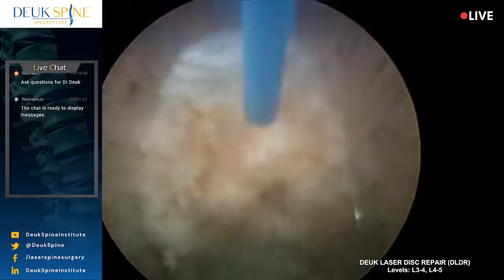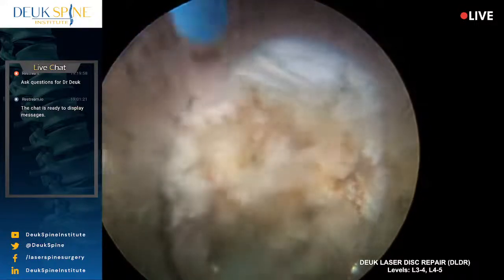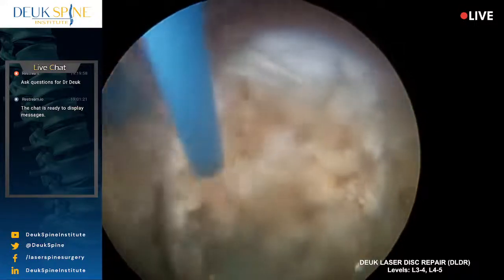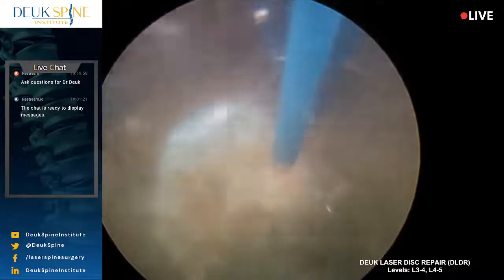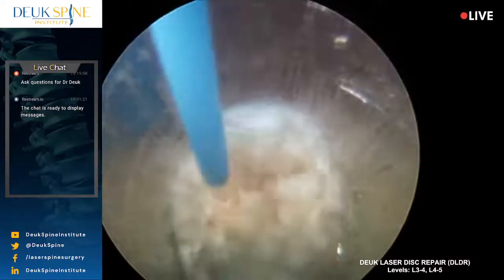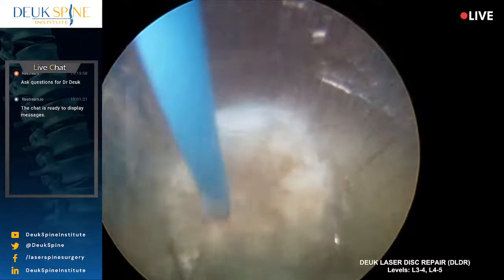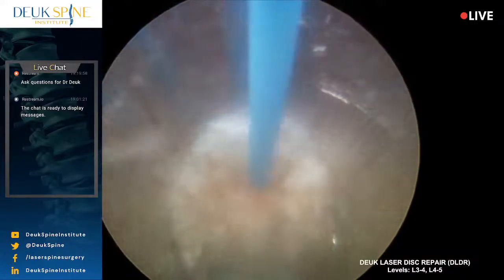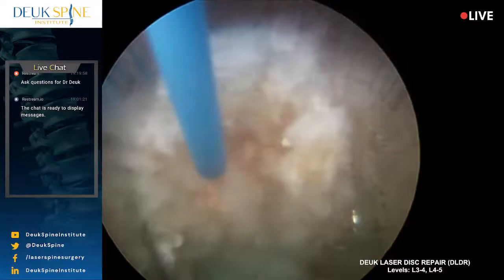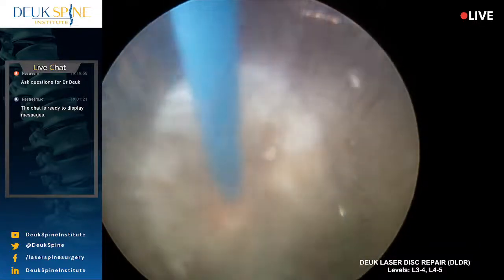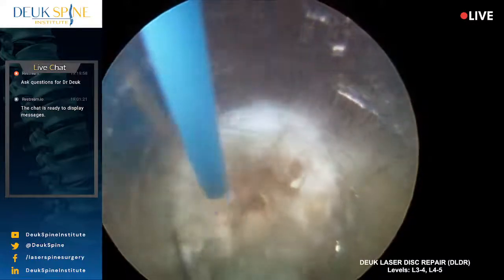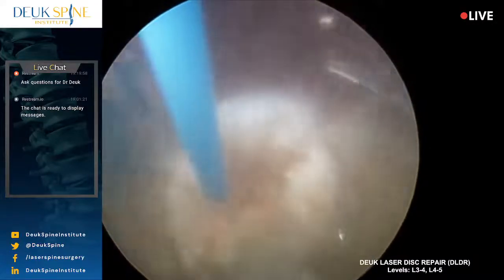What I'm seeing is this disc was damaged a long time ago, at least 5 years ago. You can tell by the amount of scar tissue and calcium. All this orangish color stuff is calcium, and calcium binds to damaged inflamed tissue in a process called dystrophic calcification.